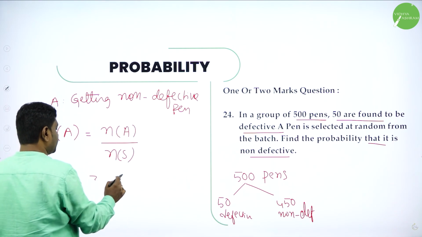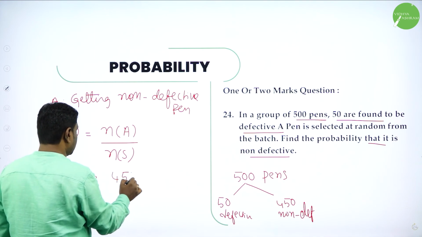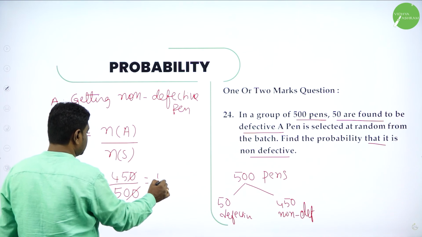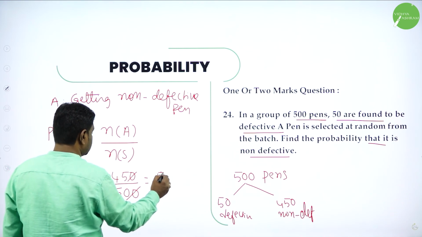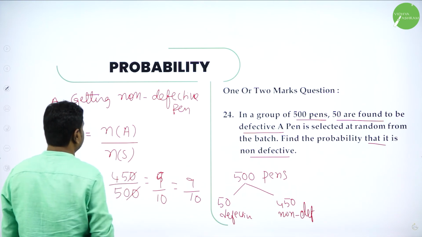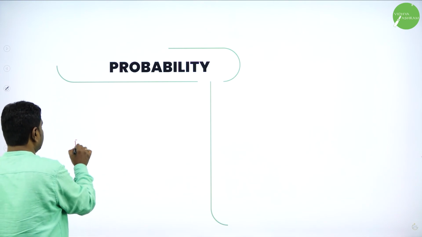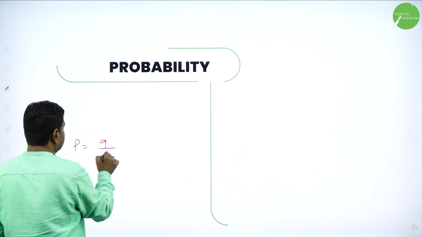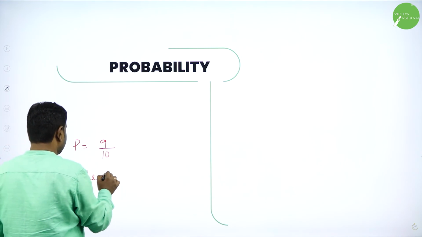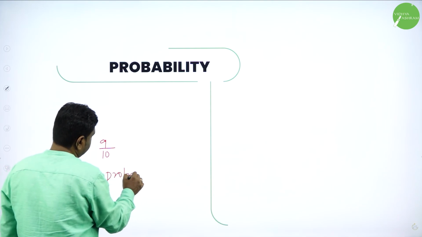A means non-defective. How many non-defective are there? 450, out of total 500. So the zeros cancel. 5 nines are 45, 5 tens are 50, so 9 by 10. Therefore 9 by 10 is the probability of getting a non-defective pen.